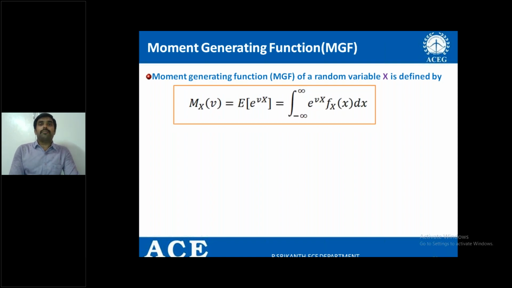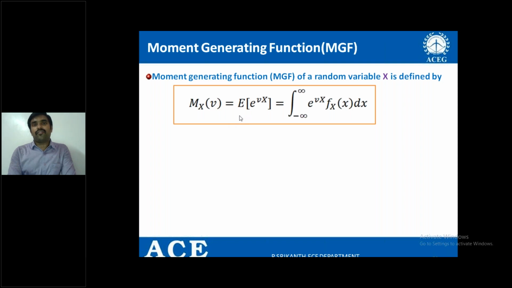The notation for the moment generating function is mx of v, whereas the characteristic function is represented by phi x of omega. Just remember the variable: there we used omega, but in the moment generating function we use the variable v. In some literature it is also given as mx of t, with the variable taken as t. Don't be confused, it may be mx of v or mx of t.